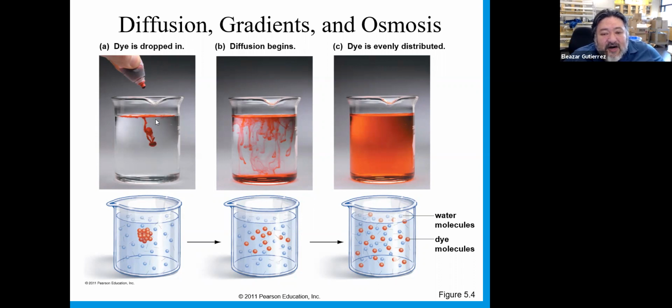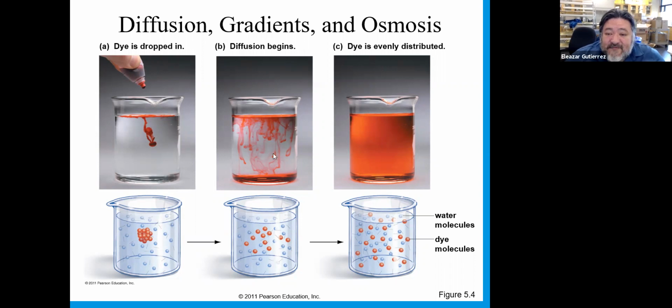If you put a couple drops, then with time, you can see diffusion take place until you end up with a homogeneous solution. And I'm going to tell you, your author calls this equilibrium. He's almost right. This is called dynamic equilibrium. And the reason for this is because the water molecules do not stop moving at any time.